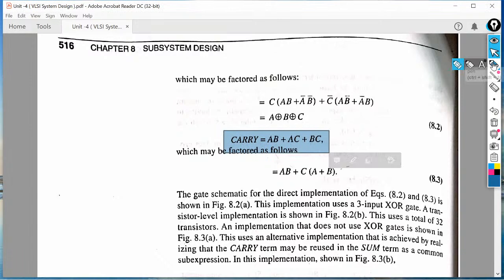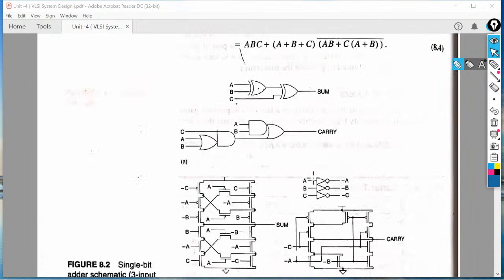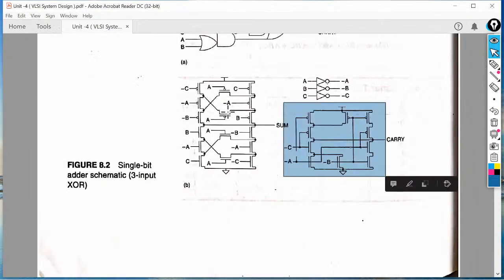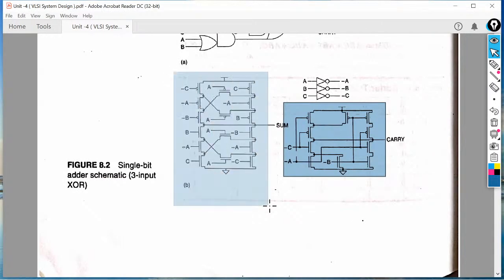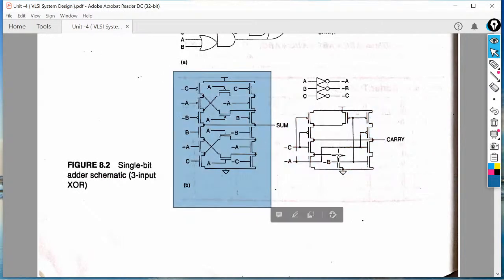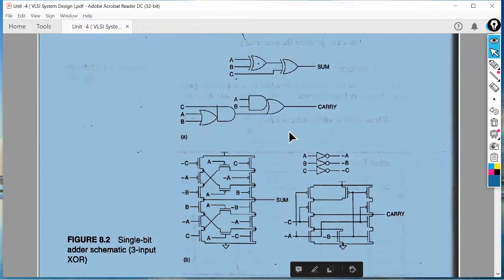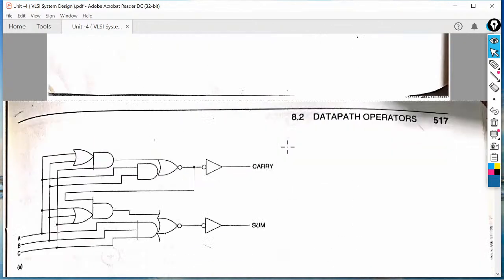Okay, so this one is the representation of carry circuitry, and this one is the representation of sum circuitry.